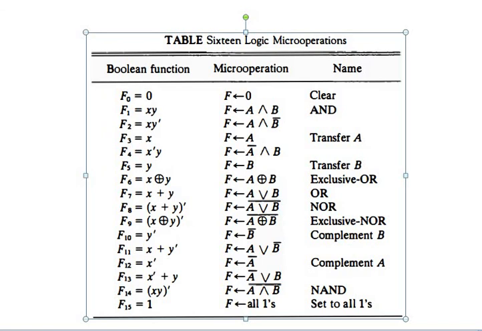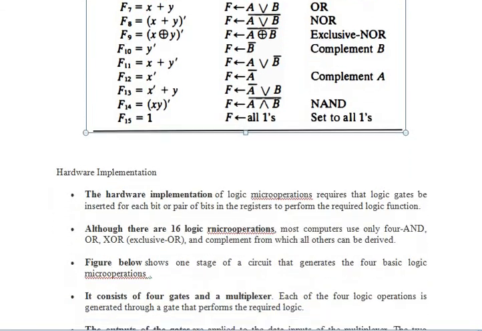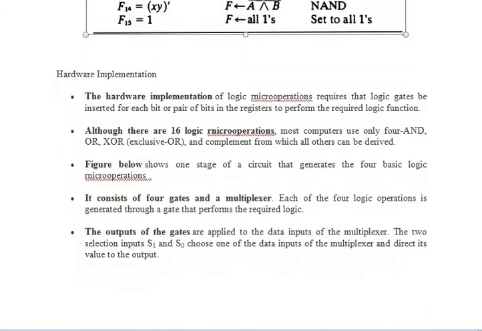Now we will see the hardware implementation for the logic operation. So see here, the hardware implementation of logic micro operations requires that logic gates be inserted for each bit or pair of bits in the register to perform the required logic function.